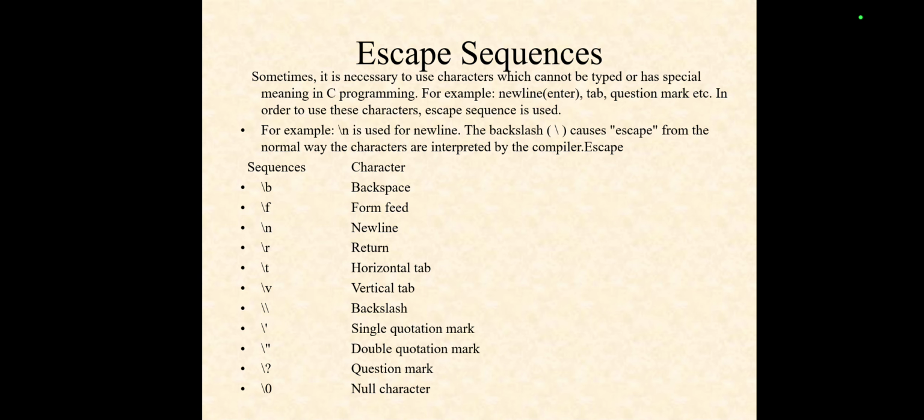Backslash v is used for the vertical tab. Double backslash is used for a backslash only. Backslash single quote means single quotation mark, backslash double quote means double quotation mark, backslash question mark means the question mark, and backslash 0 is for the null character. In this way we have discussed escape sequences in C language, which have specific meanings for the formatting of a program.